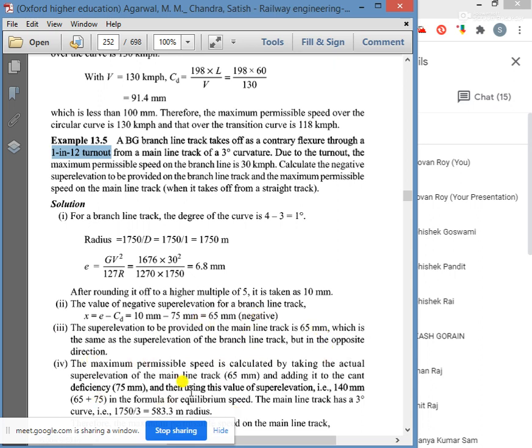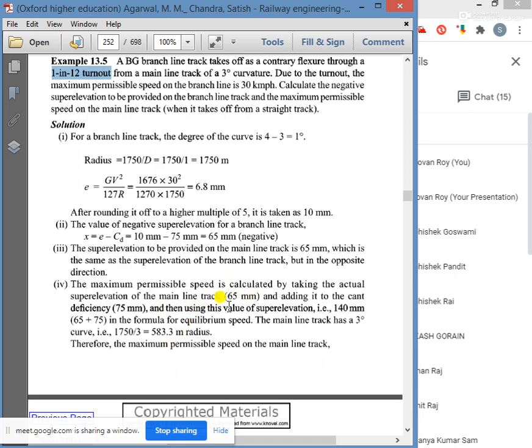Okay, the maximum permissible speed is calculated by taking the actual superelevation of the main line track, that is 65 mm. Our superelevation for the main track is positive 65. Now we have to calculate the permissible speed of the main track. How can we calculate it? With only this 65, if we have the superelevation, we can calculate the speed, but here we add the cant deficiency of 75 mm and then use this value as the superelevation.